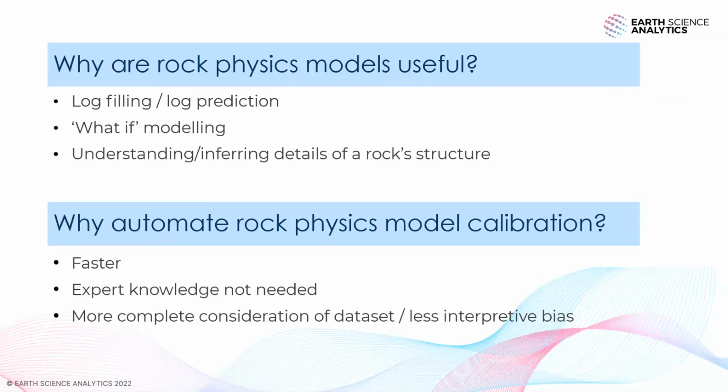It allows us to then infer further things about the flow properties or its compaction behavior if we were to change the pressure, that might not be immediately obvious from the log results that we measure in the well. But because the rock physics models use a mathematical model of the physical arrangement of a rock, by inferring these things we know that they're likely to be the case in the rock. So that's why they're useful.